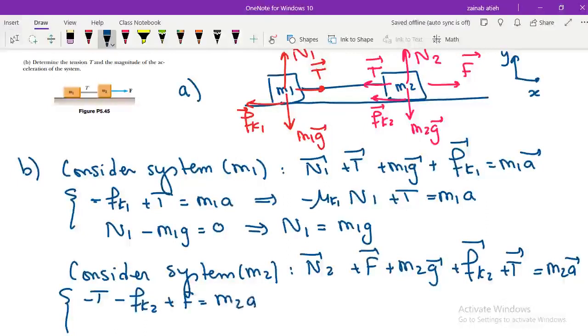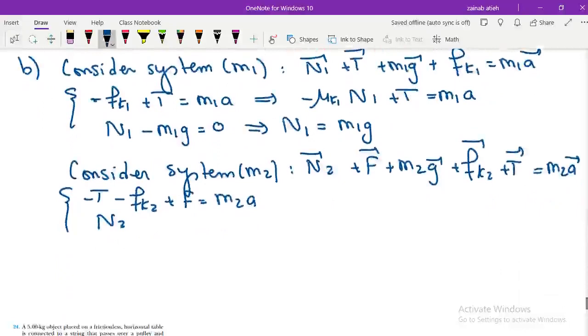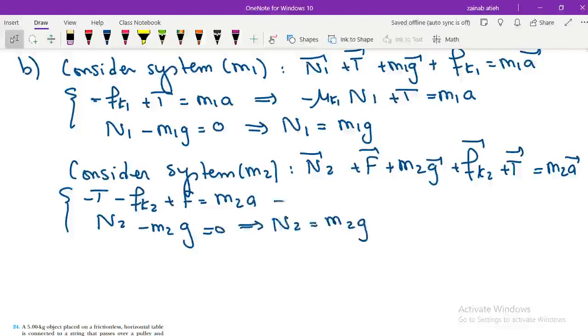And on the y axis I have N2 minus M2G equals 0, and from this I get N2 equals M2G. Now I can write FK2 as mu K2 N2, don't forget plus F equals M2A. Both blocks have the same acceleration because they are connected by means of a rope. That is why I named the A above and the A below the same, without changing the naming. M1 was acceleration A, and M2 also was acceleration A.